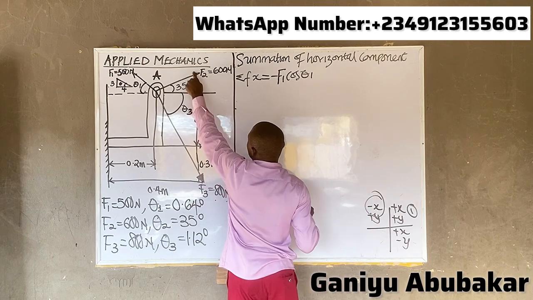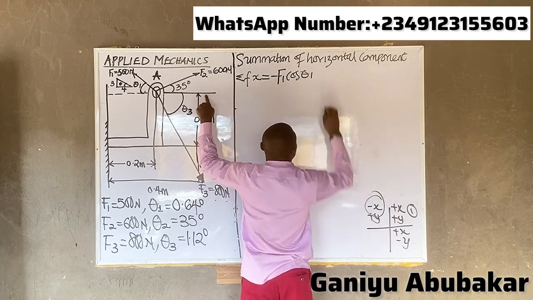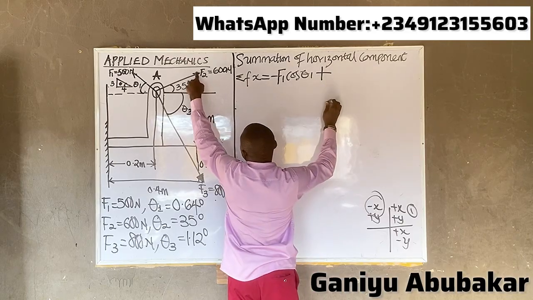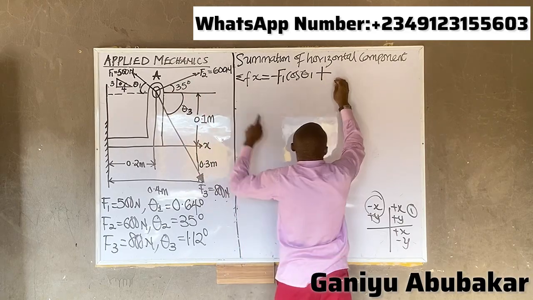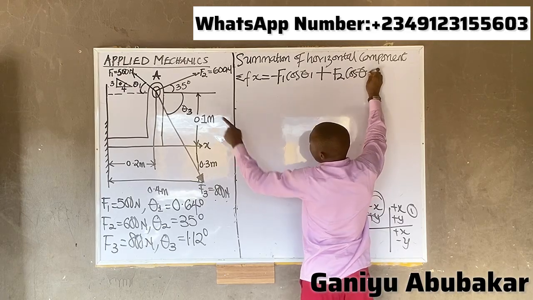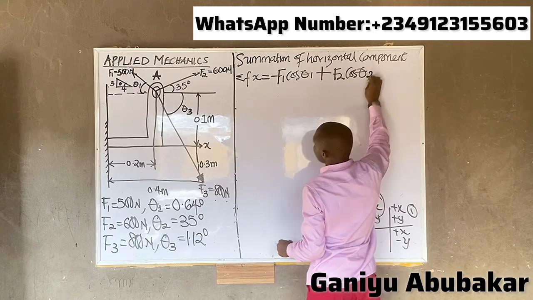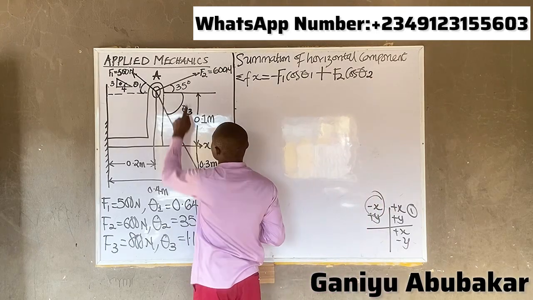Next up, if I resolve this one to the horizontal, it means that x there is positive. Resolve F2 to the horizontal gives cos. That gives you F2 cos theta, cos theta what? Theta 2. Yeah, theta 2, so I'm calling this theta 2.